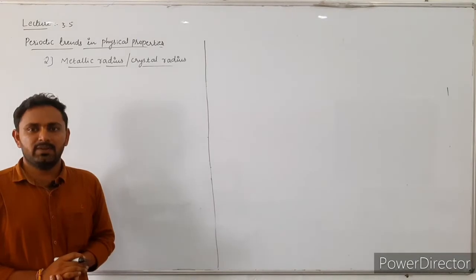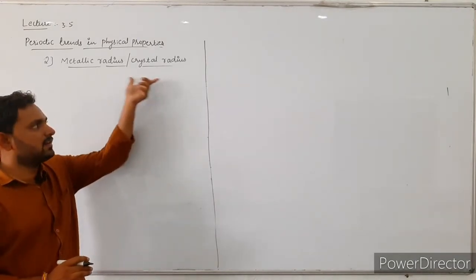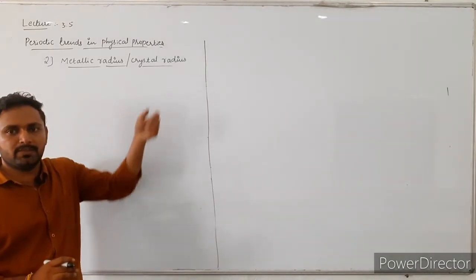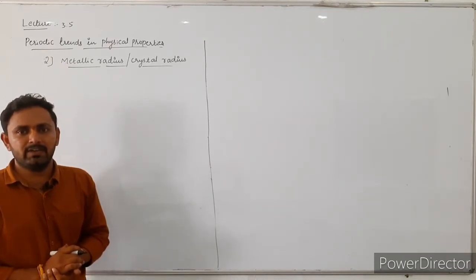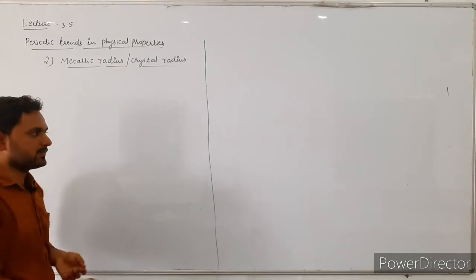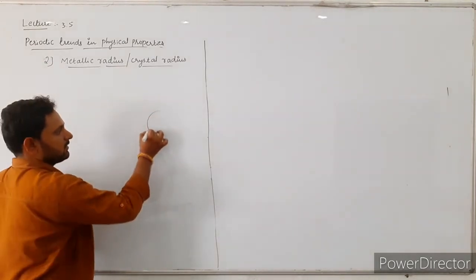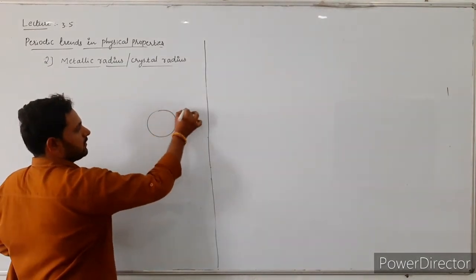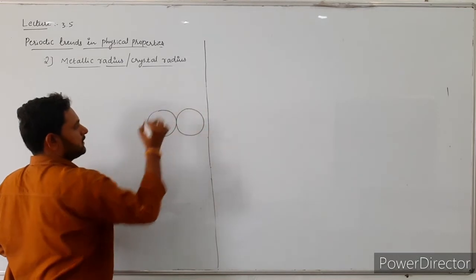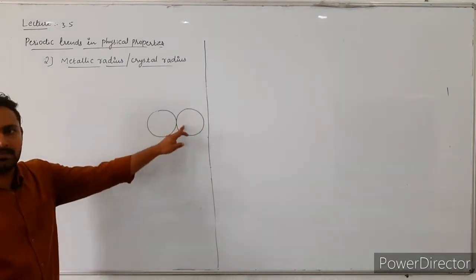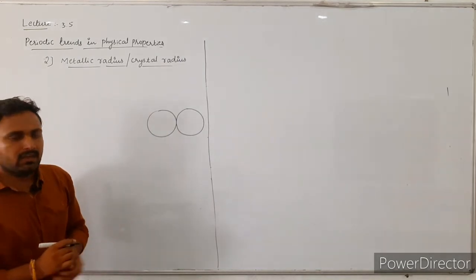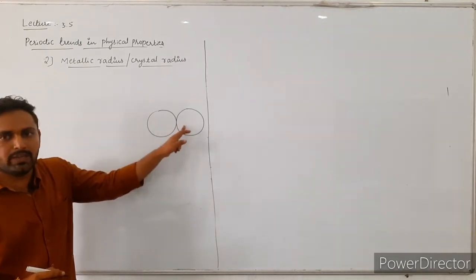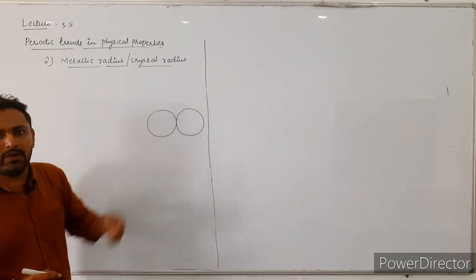The next type of atomic radius is metallic radius or crystal radius. What is metallic radius? It is half of the internuclear distance between two metallic bonded atoms. Here atoms are not overlapped together and are not as close to each other as covalent bonded atoms.